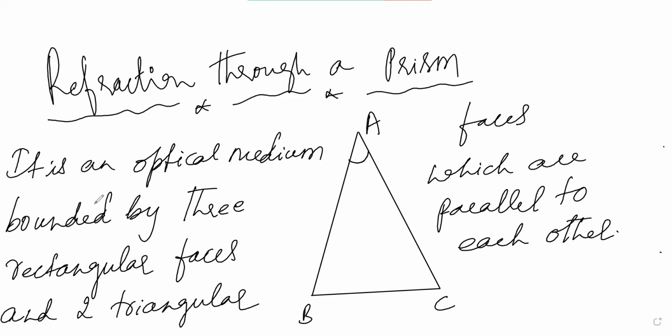This is the definition for prism. It is an optical medium bounded by three rectangular faces and two triangular faces which are parallel to each other.